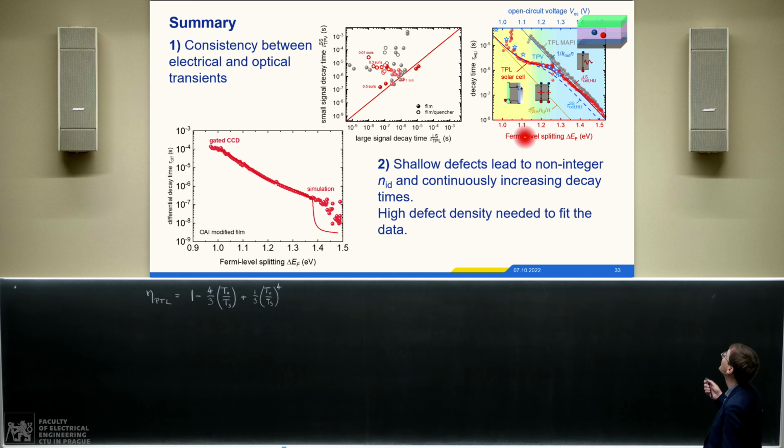So here you see mostly 2 as an ideality factor, and here you see something close to 1, but not quite 1. And I think this is all connected to each other, and hopefully in the future we'll be able to get this all together.